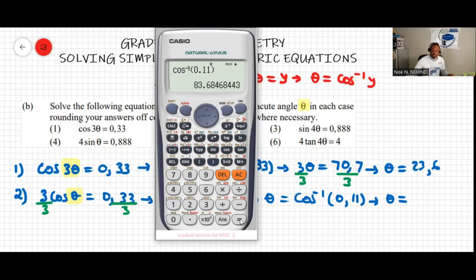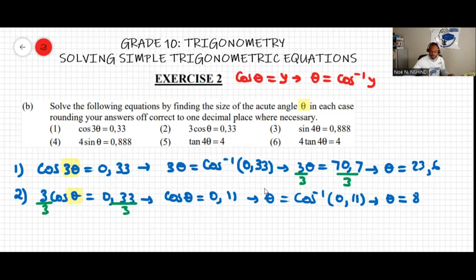That makes 83.68. I round it to one decimal place, and I look at the second decimal value, which is 8. Because 8 is more than 5, we increase the previous digit by 1 and drop the remaining digits. So this will be 83.7.